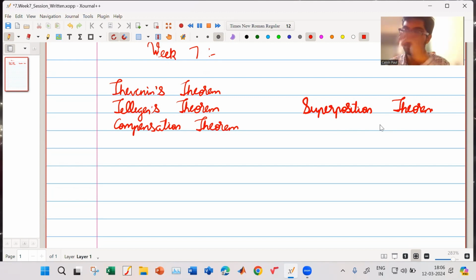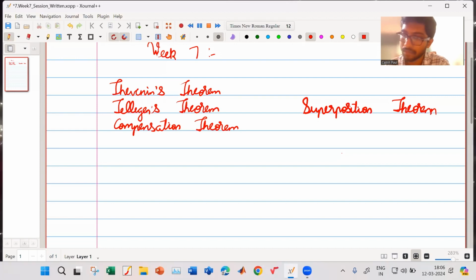It applies to current and voltage. Power does not obey the superposition theorem. Another participant says we can find the power across any element.